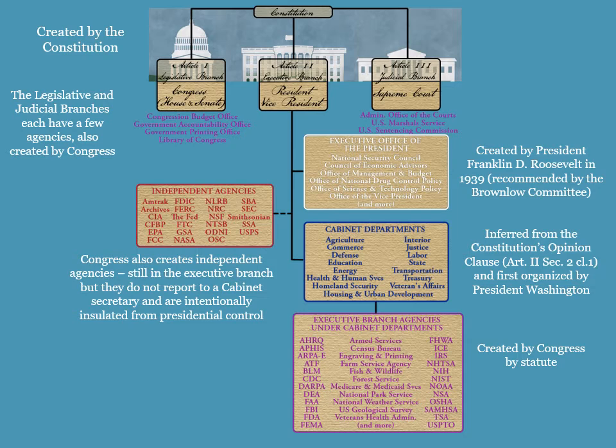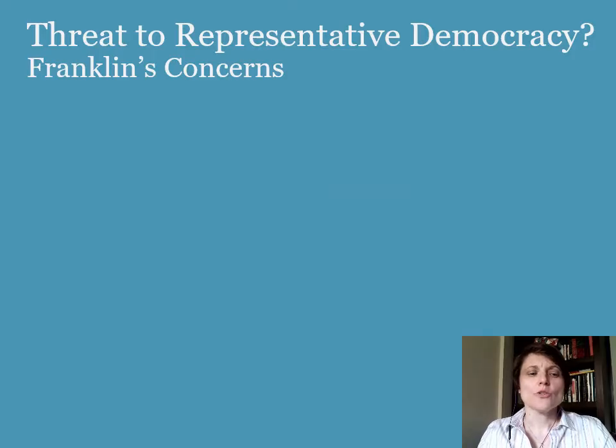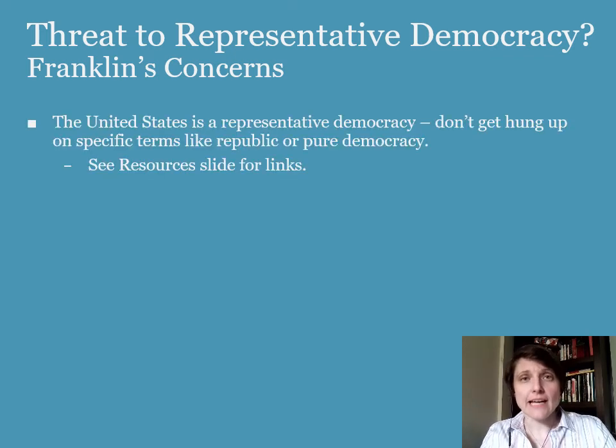You'll notice that the states and Native American tribal governments are missing, and that's because state and tribal governments were already in existence. The Constitution did not create state or tribal governments, but it does recognize their sovereignty and their rights. So the Constitution provides our government framework, and that is the framework of a democratic republic, also known as a representative democracy.